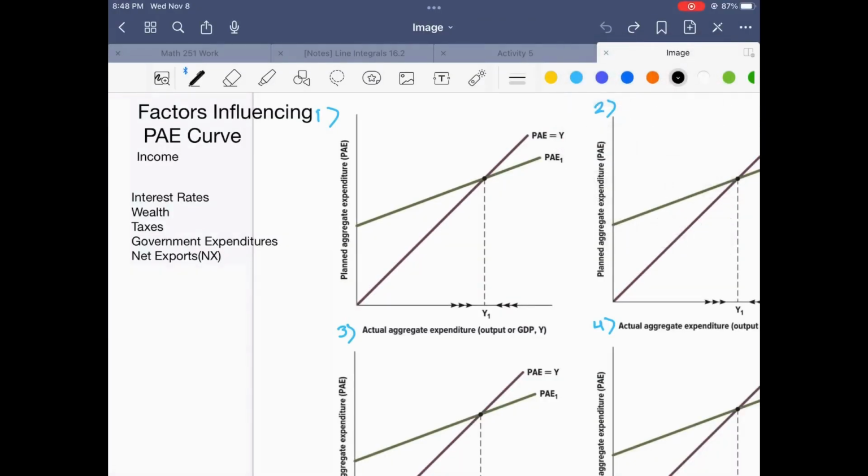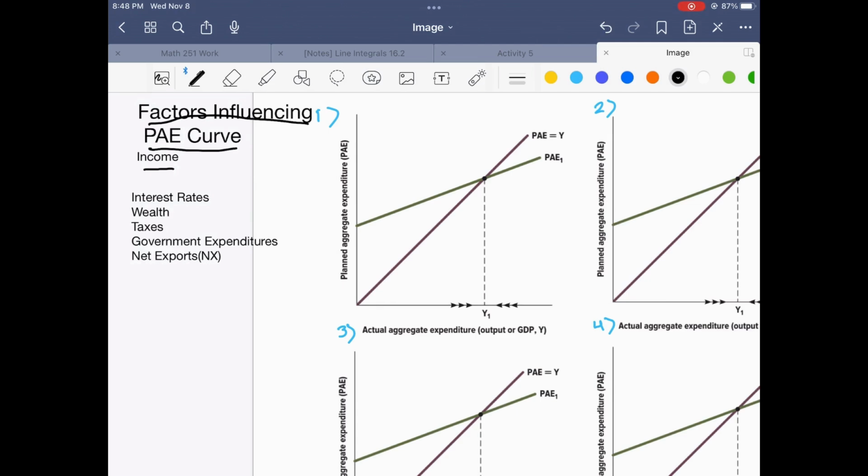All right, so today we're going to be talking about the factors that shift and cause movement along the planned aggregate expenditure curve. These factors can be divided into two separate categories, the first being income. Income causes movement along the planned aggregate expenditure curve.